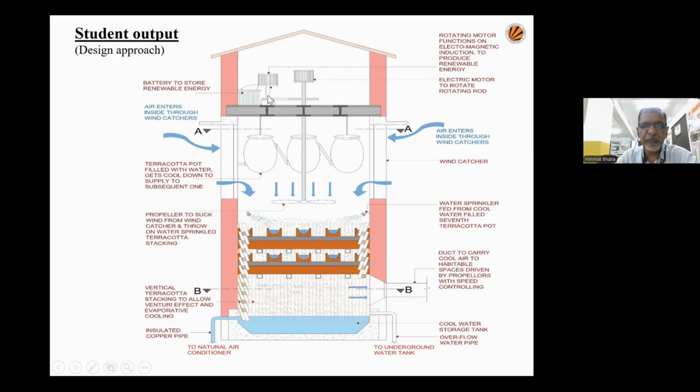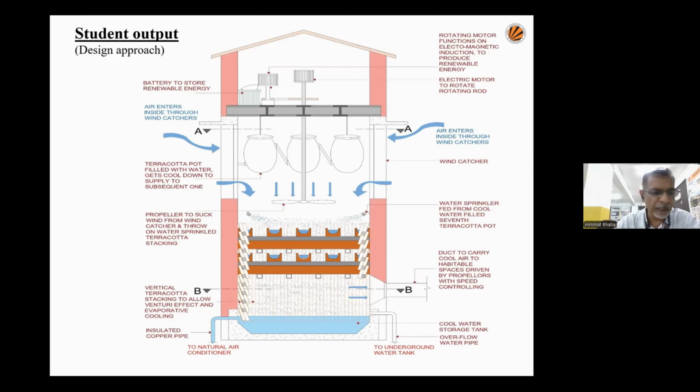This rotating shaft will be revolving between the two magnets, north pole and south pole. So that will generate electricity, and that will be stored in the battery. And through the inverter, it will again run the motor. So the consumption and production will be done in the same project.